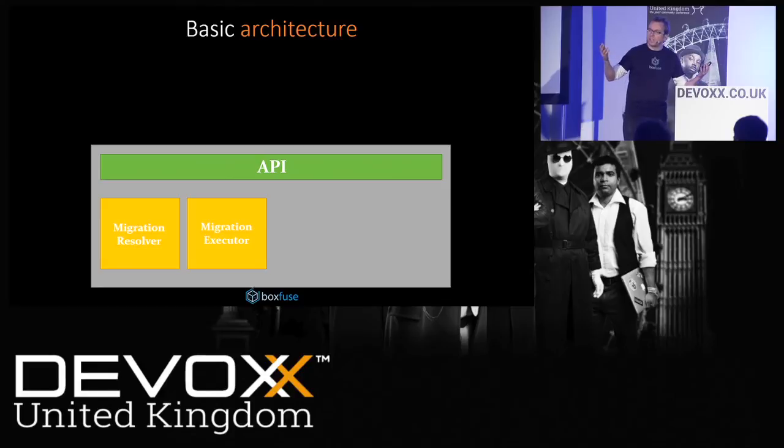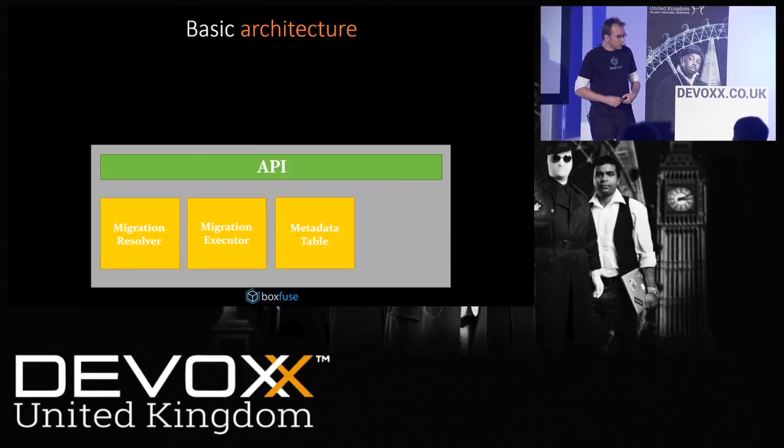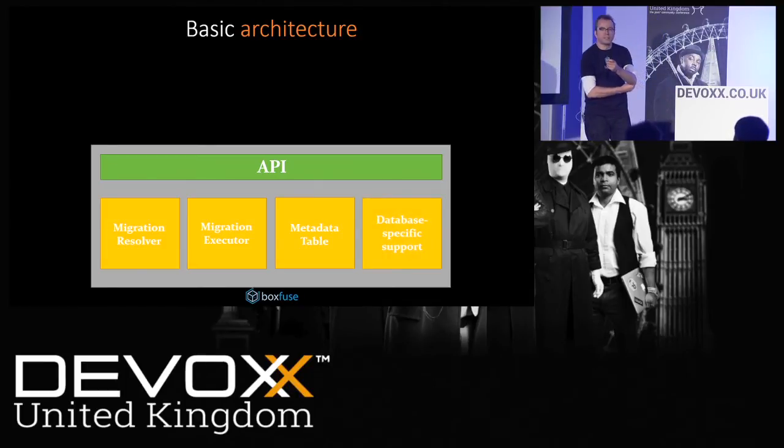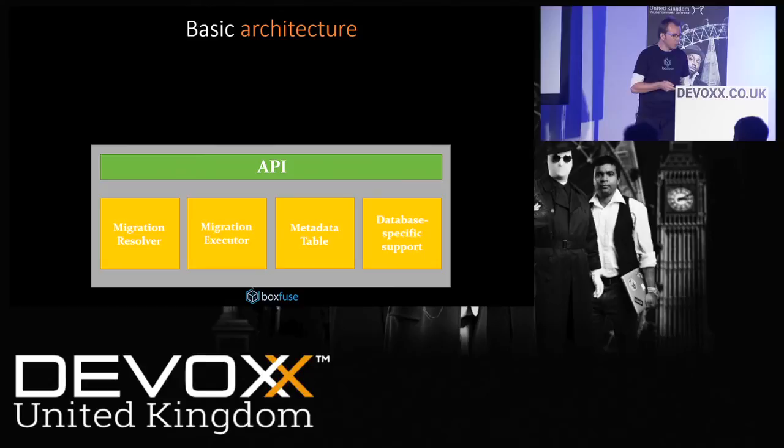Then, of course, they need to be executed. That's the migration executor that does that, dividing them up into statements and making sure those statements are run correctly. Then there's the whole management of the metadata table and database-specific support, because our relational databases do tend to diverge a bit.